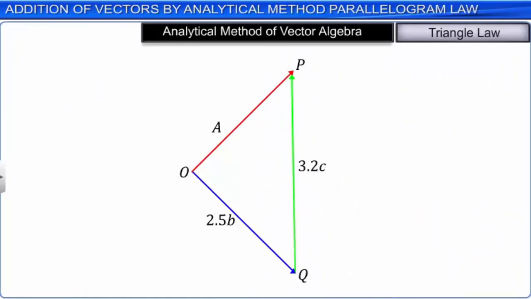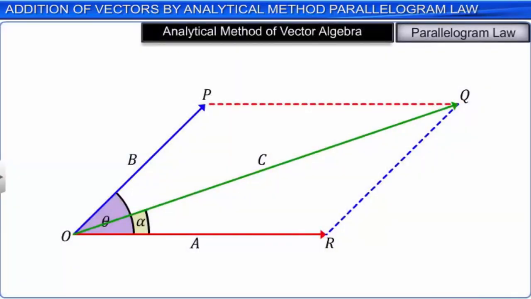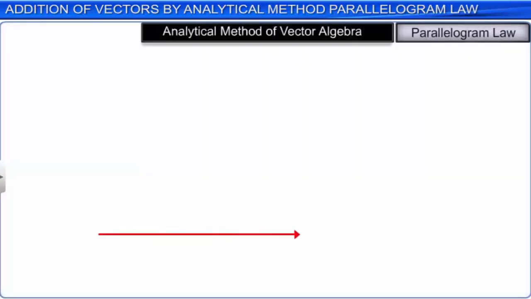Earlier, you learned the addition of vectors by the analytical method using the triangle law. Now, you will learn the addition of vectors using the parallelogram law. Consider two vectors, A and B, passing through a point O. The angle between them is theta.